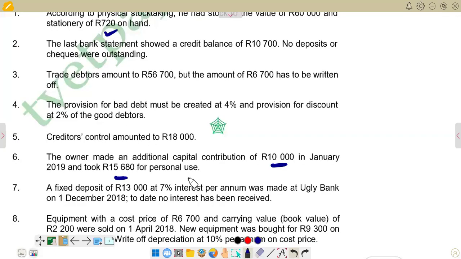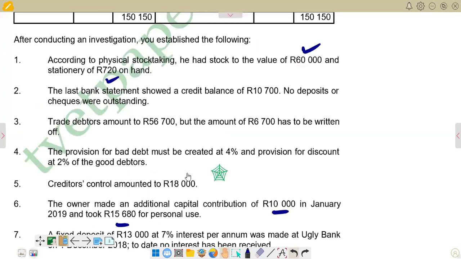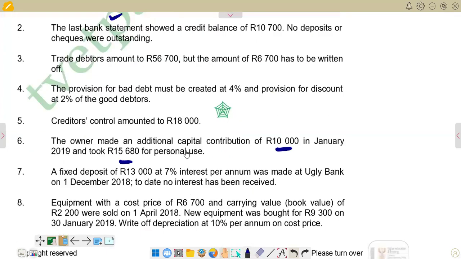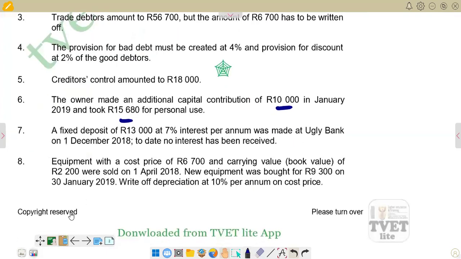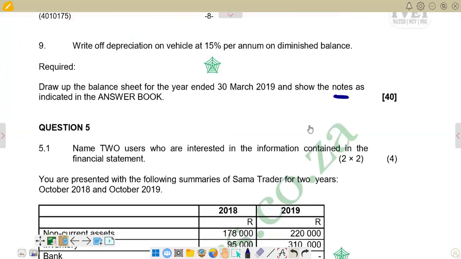If you go through the additional information to try to find anywhere where we are given the figure for net profit, you can always find it in the additional information. We see that we have another additional information saying rate of depreciation of vehicles 50% per annum on diminishing balance. So it means we are not given the figure for our net profit for the year. So what does it mean? It means we are going to find that figure as a balancing figure.